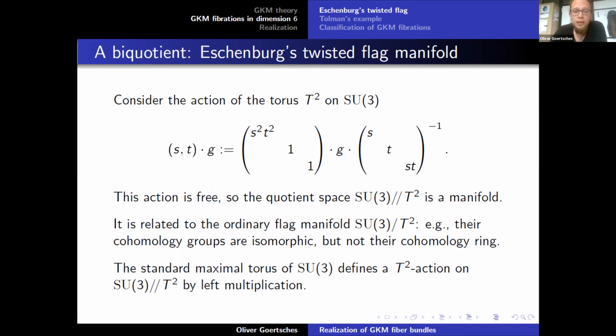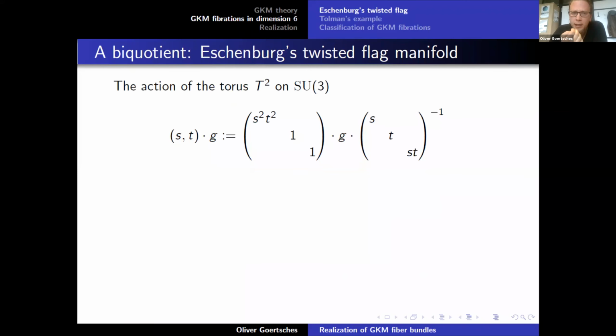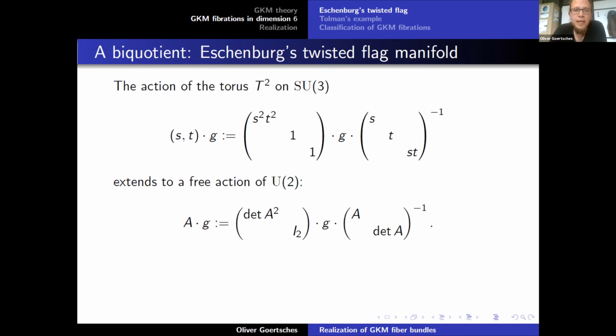So this gives a well-defined action on here. On the other hand, we have this action which we wrote down in order to define the Eschenburg flag. And we can observe that this action extends to an action of a larger group, namely of the Lie group U2.